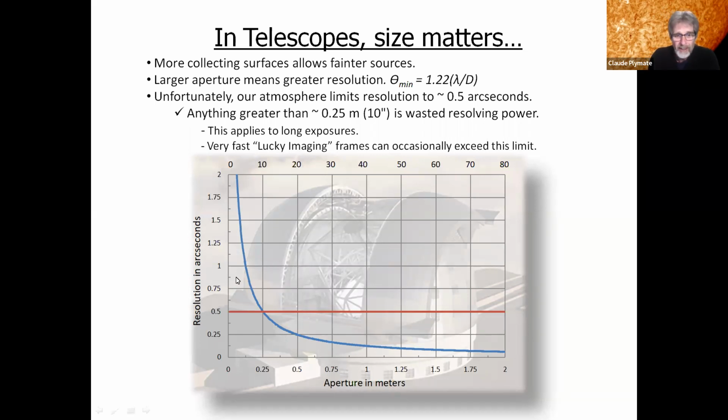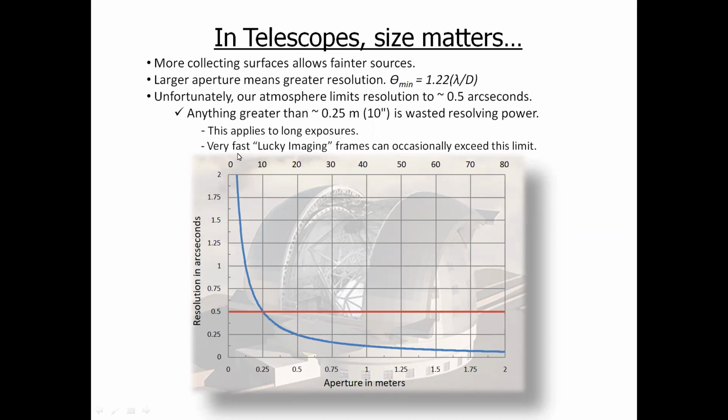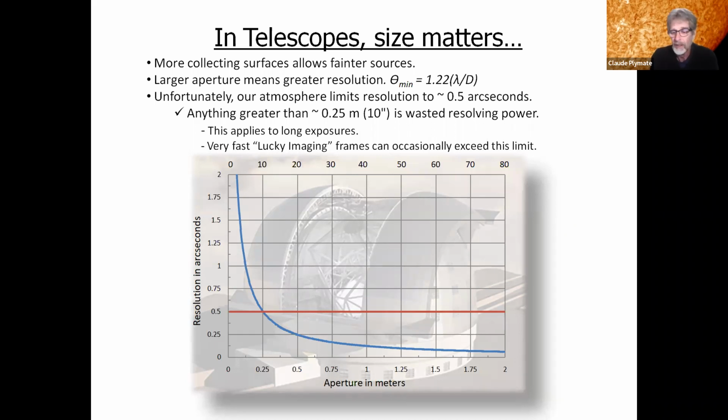So anything above this 10-inch telescope is not going to gain any further resolution because it's limited by that seeing limit of about a half arc second. Now, of course, what I'm saying applies to long exposures. Sometimes, yes, amateurs are now beating that limit by very, very fast lucky imaging and frame selection, that sort of thing, but we'll go with that as a definition.